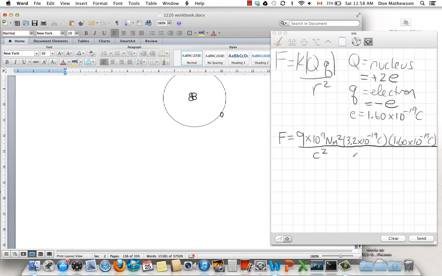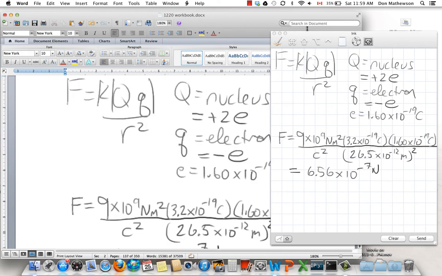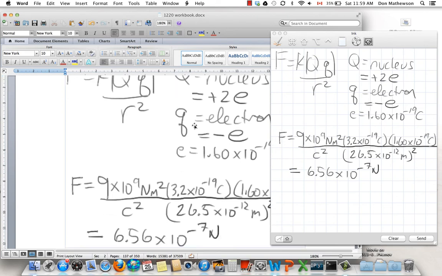And then we divide by the radius, which is 26.5 picometers. So that's 26.5 times 10 to the minus 12 meters, all squared. Unit-wise, coulomb and coulomb cancels out coulomb squared. Meters squared cancel. You're just left with a force in newtons. And I get 6.56 times 10 to the negative 7 newtons.